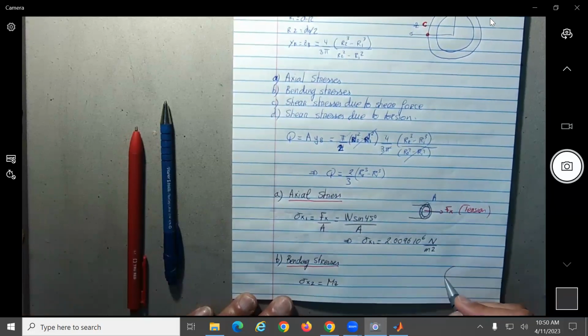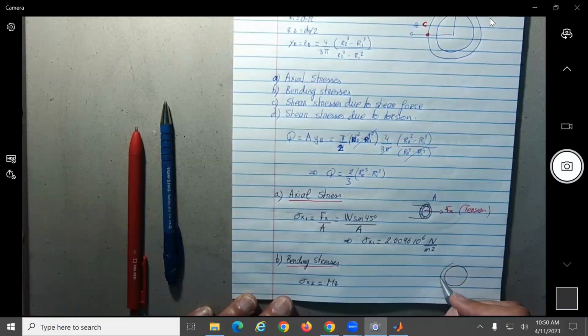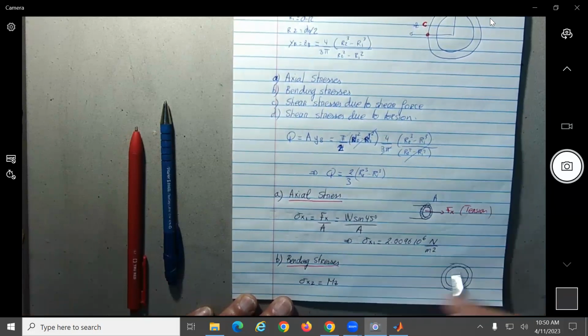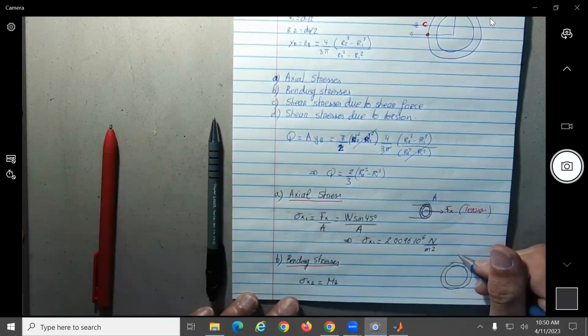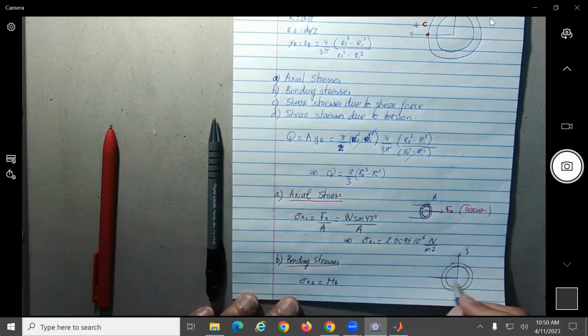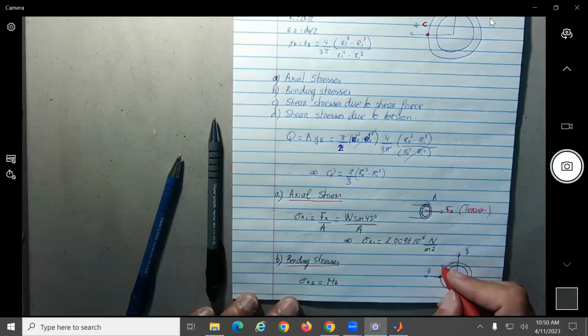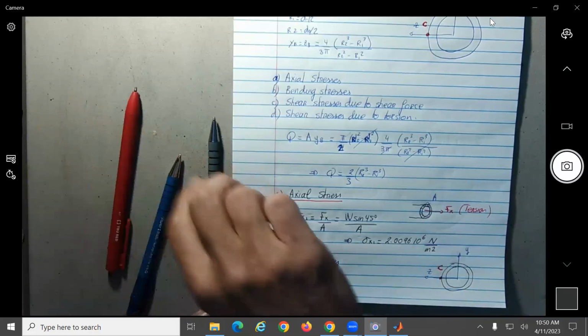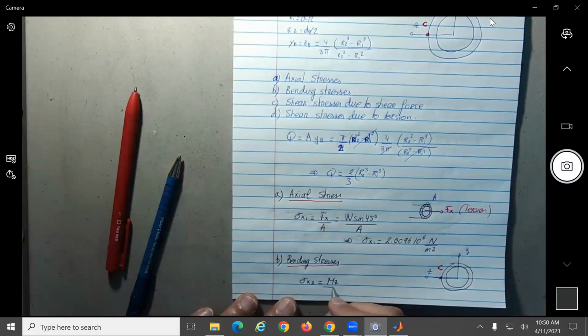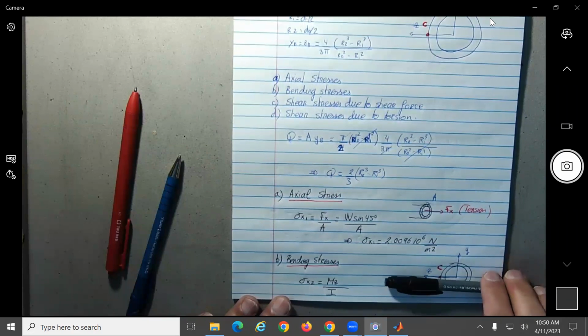If I do the figure here, this is Y, this is Z. Point C we say is over here. So the equation should be equal to what? This is bending. If you have the moment about C, this is bending about which axis? About the IZ, no? Yeah.